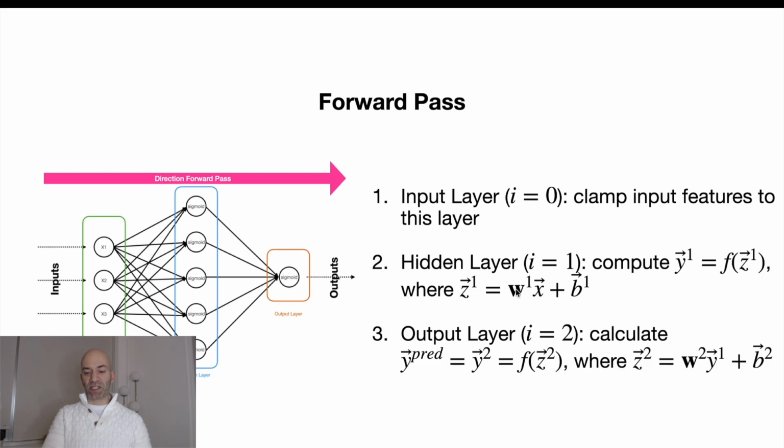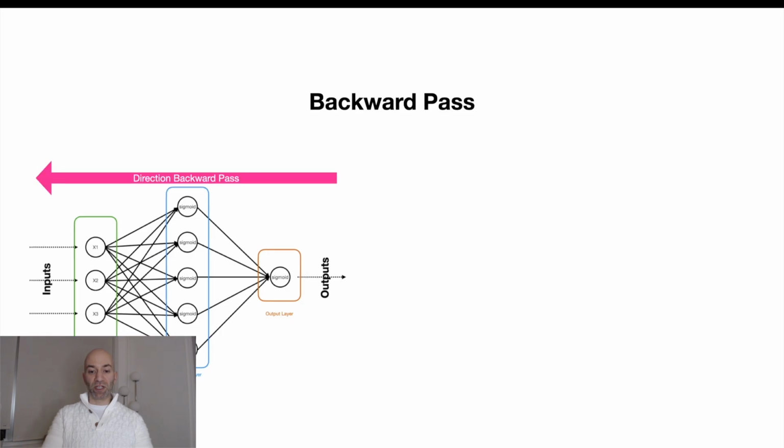Now, I should emphasize here that all the superscripts are the i values that I have mentioned. These are not exponents, they are superscripts that illustrate the layers that we're talking about. So that's all that we have for the forward pass, and it's actually a pretty straightforward calculation that we need to do.